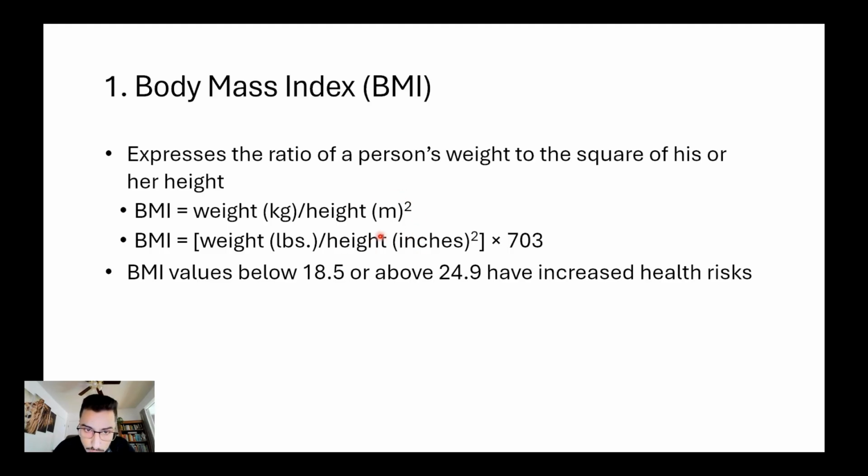One foot is 12 inches. One inch, if you want to convert it into centimeters, is 2.54 centimeters. So if I give you 5 foot 9 inches, you have to convert the foot number into inches and add it to the inches that are there.